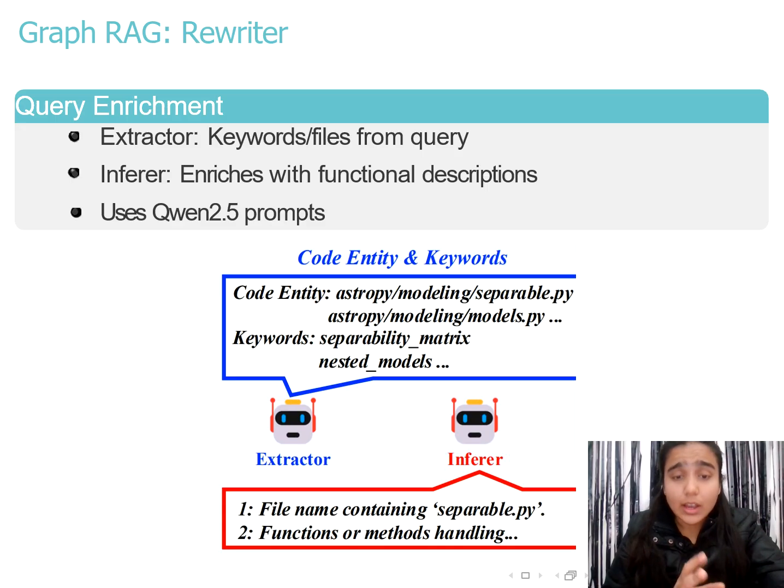It gives those keywords to the inferer, which enriches them with functional descriptions, giving proper details for better search. All this is powered by Qwen 2.5 prompts, and it enriches the query that we usually give.